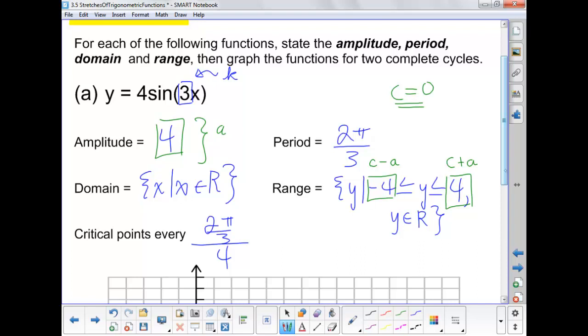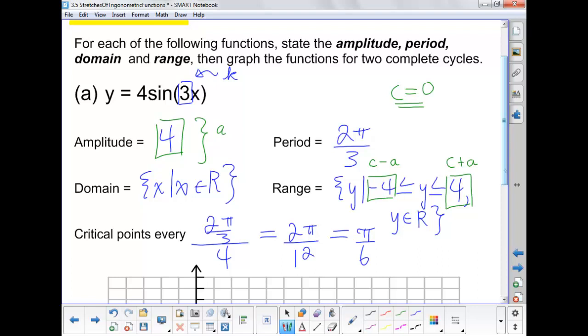Now 1/4 of 2 pi over 3, an equivalent fractional representation of that would be to say, well, that's the same as saying 2 pi over 3 times 1/4. So what that would give me is 2 pi over 12. Essentially, I've just multiplied the 3 and the 4 together. I would reduce that to lowest terms. So in lowest terms, our critical points are every pi over 6.